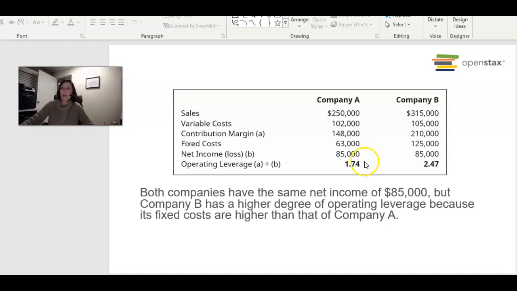On the other hand, the operating leverage for both of these companies, despite identical net income, is very different. And it is because Company B has higher fixed costs as a result, and that has resulted in a higher operating leverage than Company A.